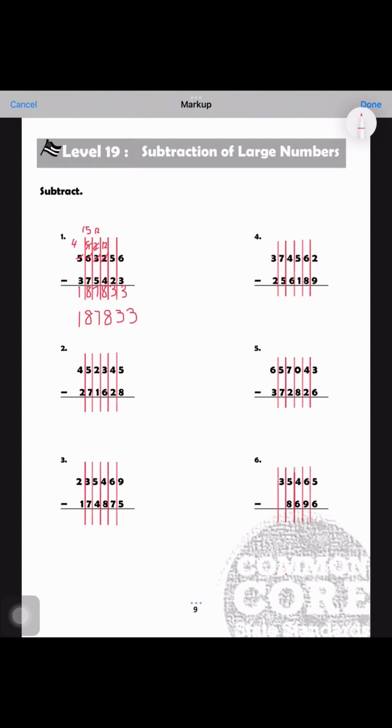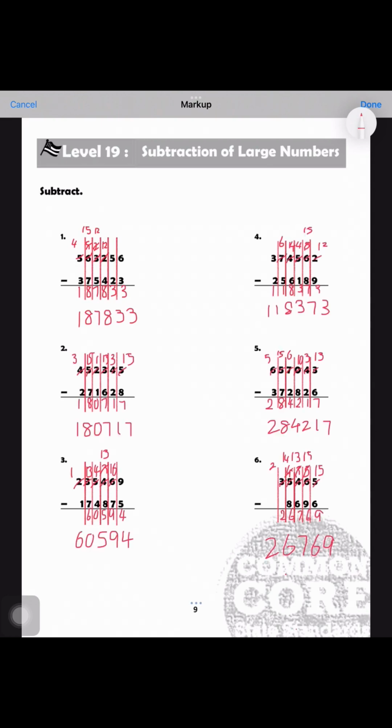And now please take your time to finish question 2 to question 6. And you may check your answer now.